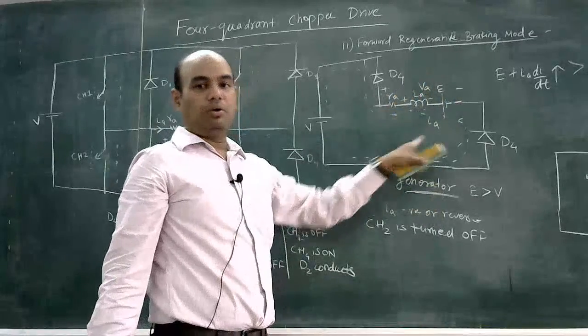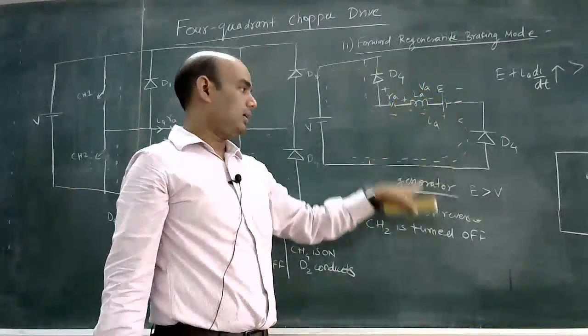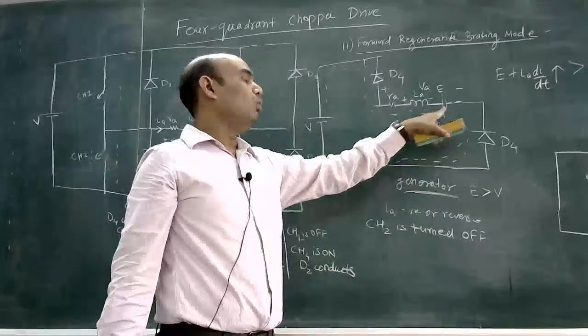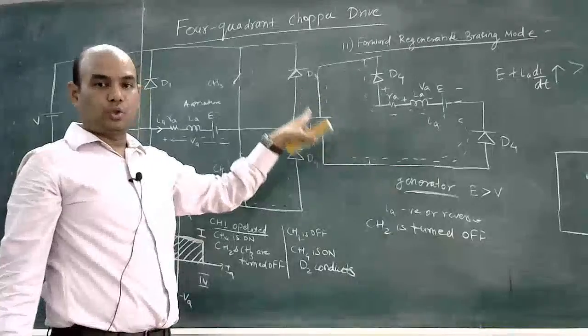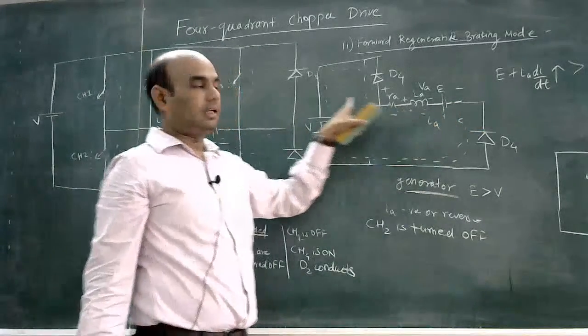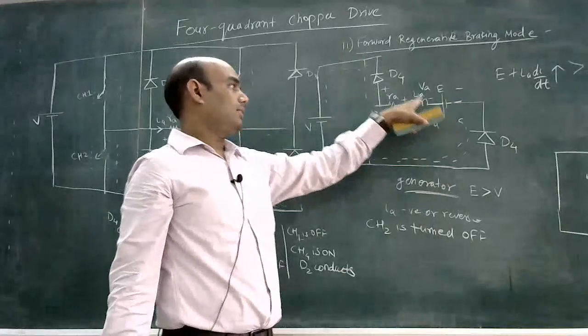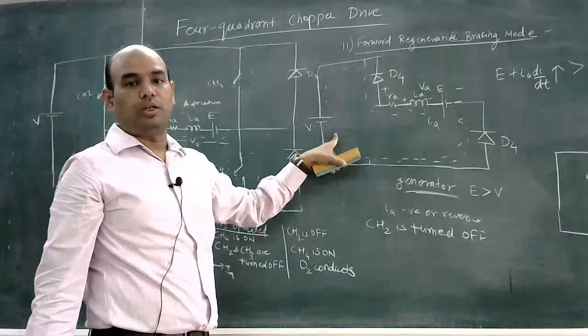So mechanical power stored in this generator is converted into electrical, and it becomes more charged than this source voltage. Now this source voltage becomes the load to this motor. So this is the generator and this is the load. So the energy will be given back to this source voltage.